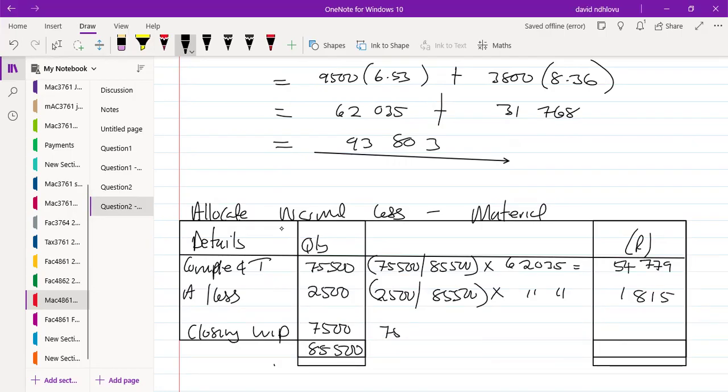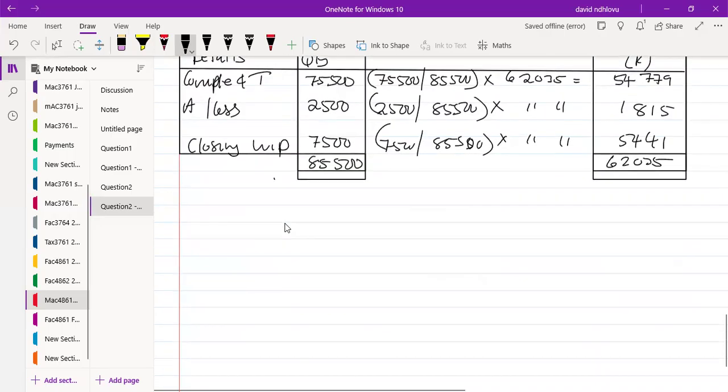Then the 7,500 divided by 85,500, multiplied by the same. So it simply means if I've got 62,035 minus 54,779 minus 1,815, then I will have 5,441. This should be equivalent to 62,035. I have allocated the normal loss in terms of material.